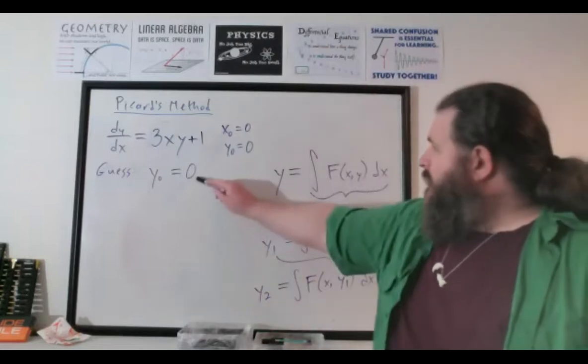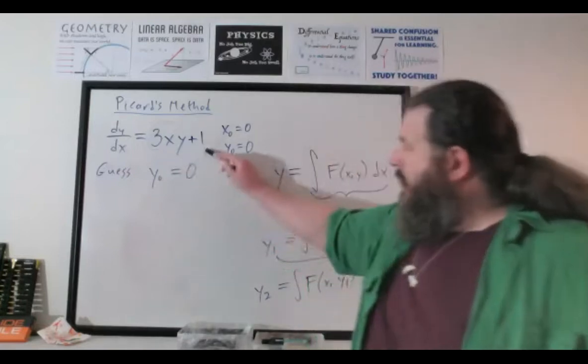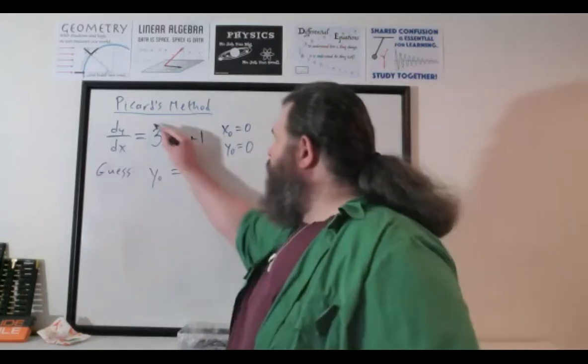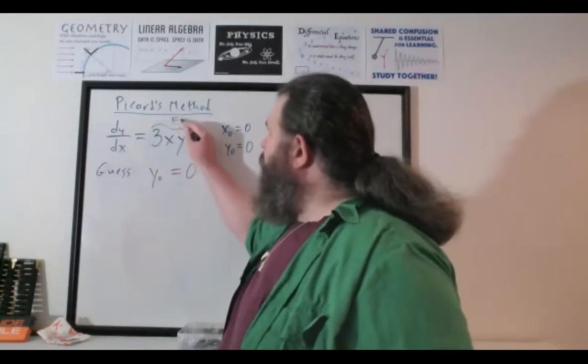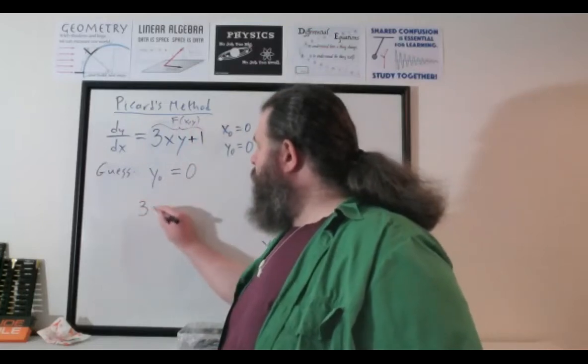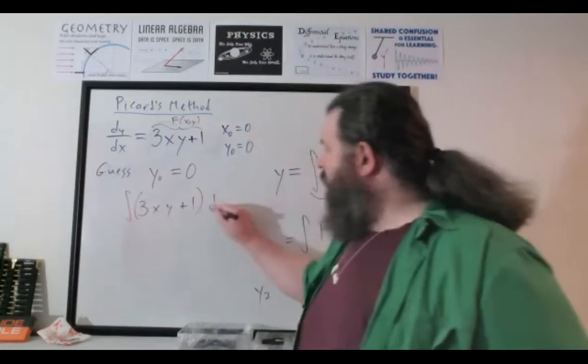So filling that into our integral, the idea is integrating this whole thing with that y value. I'm just going to write out this entire side of the equation, the f of x, y we're talking about, integrated with respect to x.